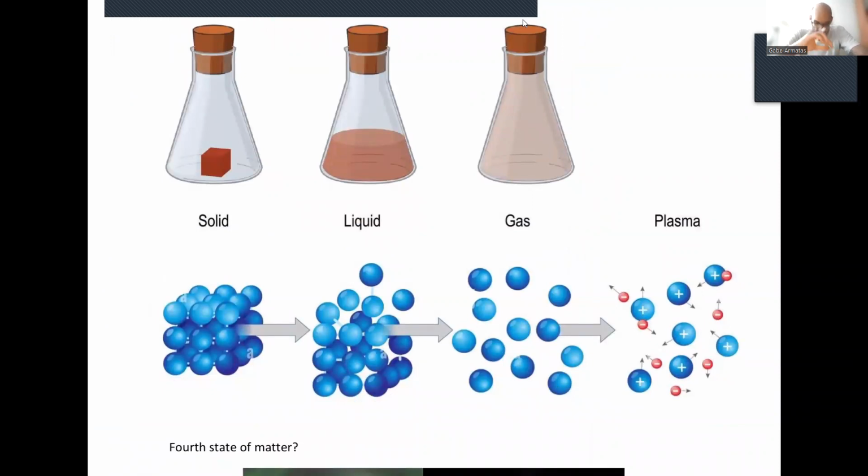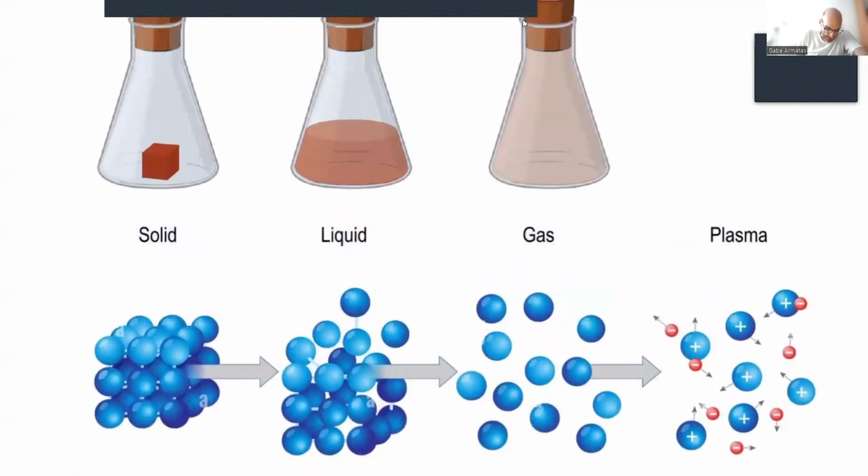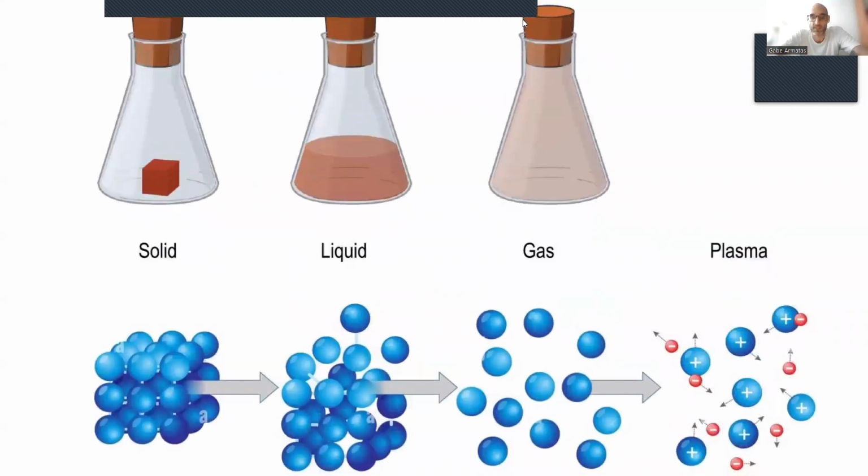A solid piece of matter, if you were to take a sugar cube, for example, has mass and takes up space, much like a liquid or a gas would as well. Gases are a little bit harder. There is a kind of division between gases, liquids, and solids, but generally, these are the three phases of matter that we are interested in. The fourth state of matter is plasma, but we're going to talk about that in just a little bit.